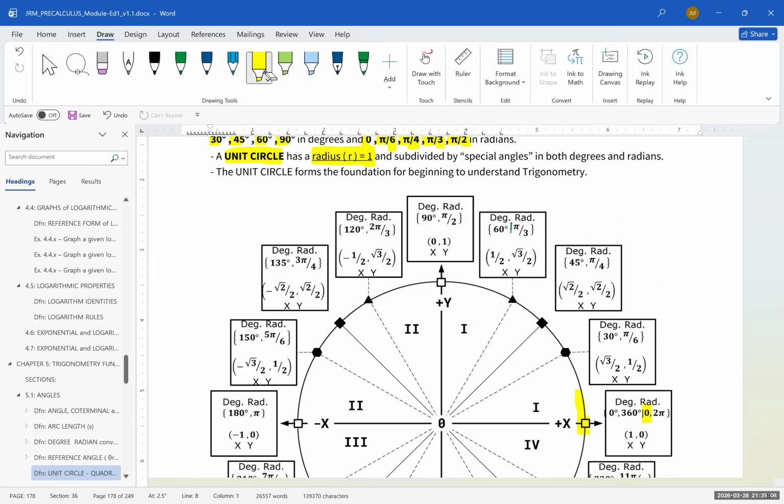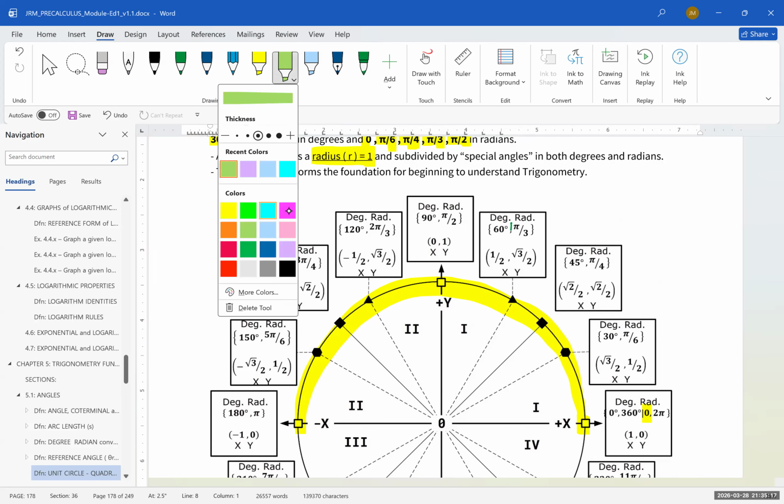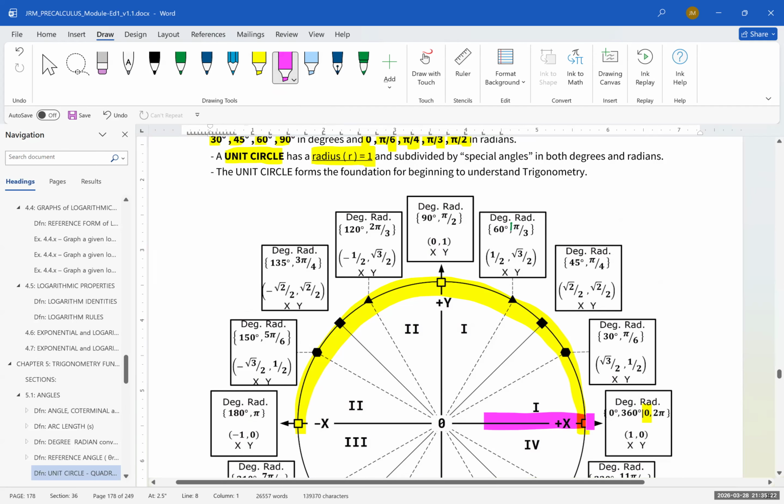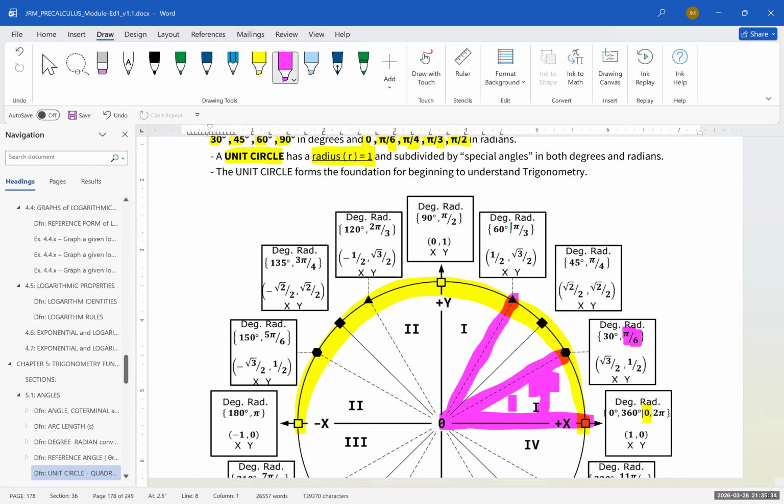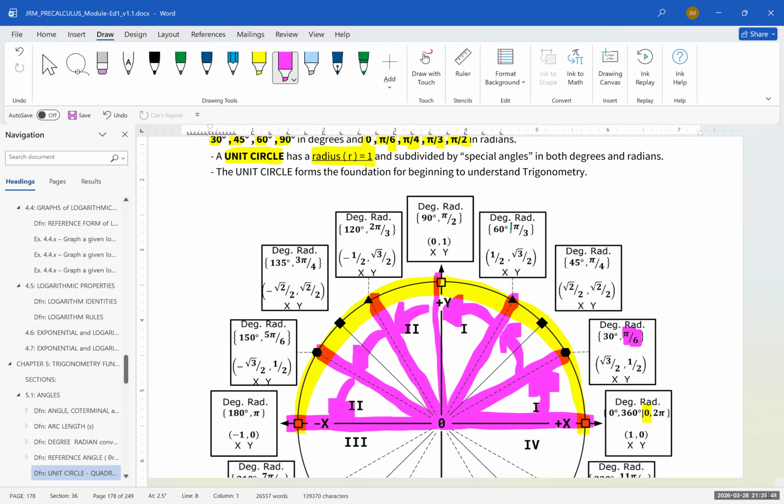And we can play the same trick with pi over 6. Let me get a different color here and see if that one works. So here at pi over 6, why is the denominator 6? Because there are 6 of these slices. So there's 1, here's 2, here's 3, here's 4, here's 5, and here's the 6th one.